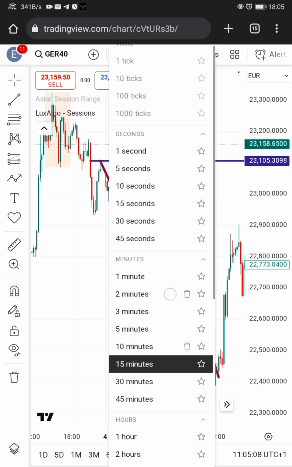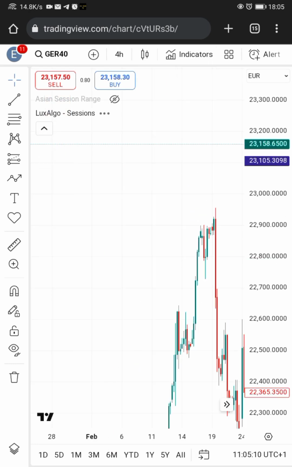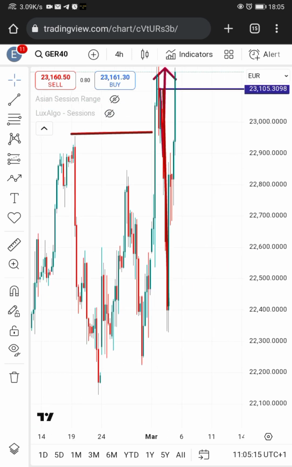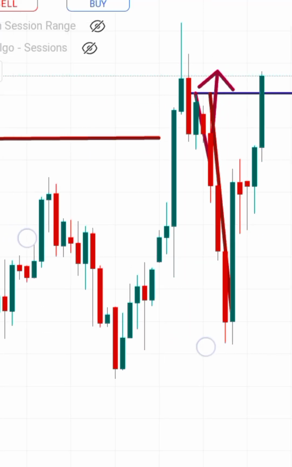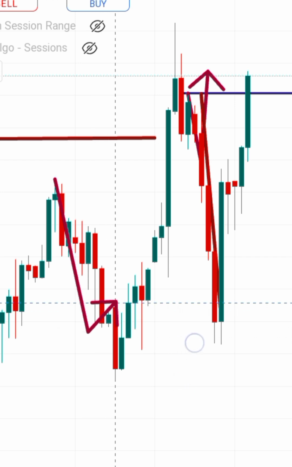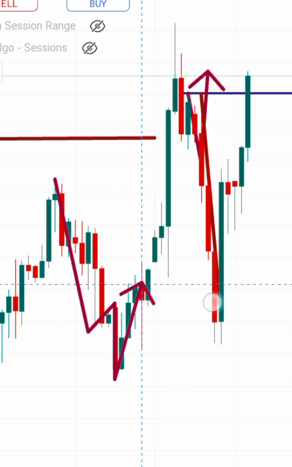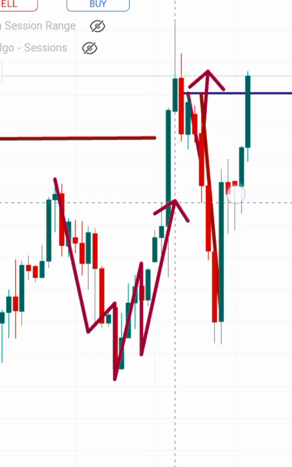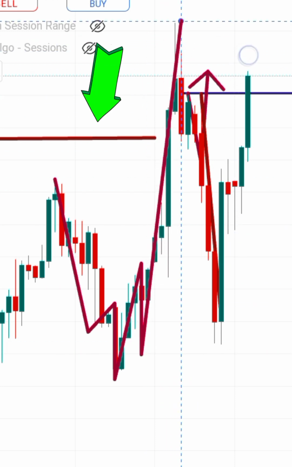So when I moved down to my H4, I discovered this zone right here that led to a break of this very structure to the upside.